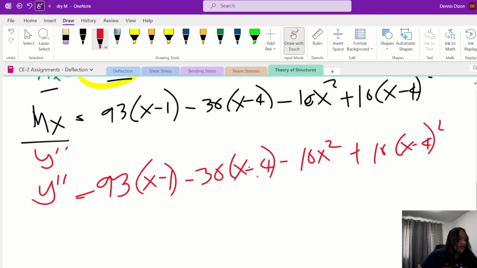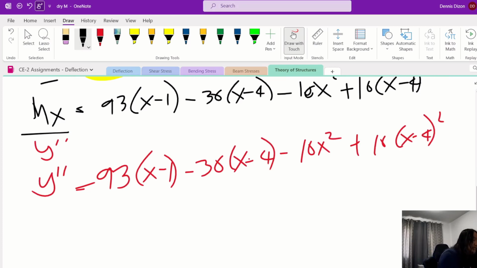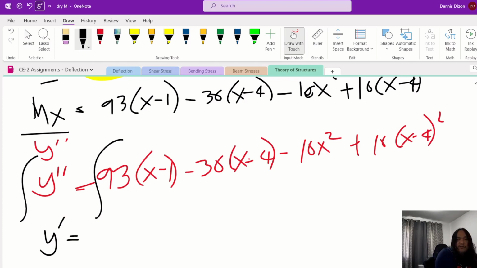Now, first we will integrate this equation. The integral of the second derivative of y is y prime. The first integration of your moment is equal to your slope.